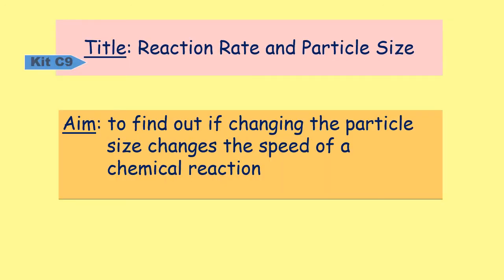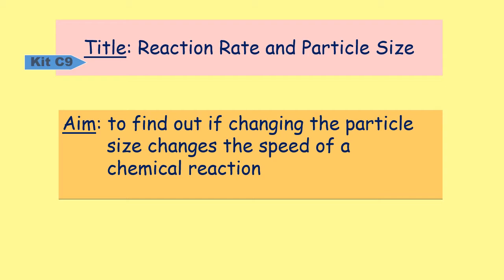Okay, so the first experiment, if you're in class, that you will be doing in order to investigate how to make a reaction go faster is to try a reaction but change the size of the particles used in the reaction.